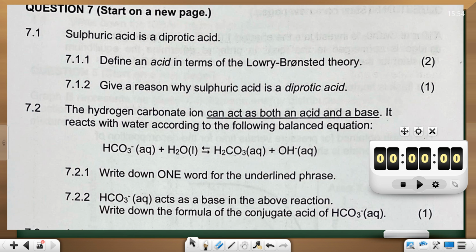Can we mark? Let's mark. Those of you at home, please also put ticks as well.